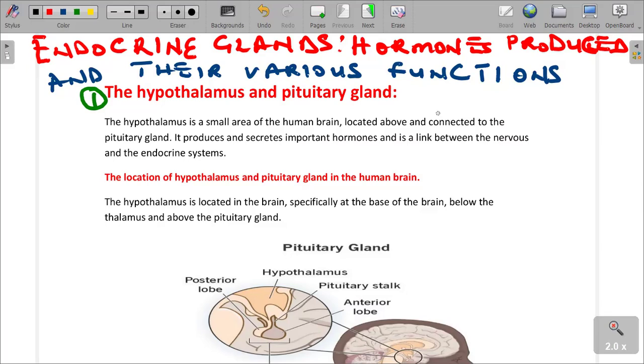It produces and secretes important hormones, which we are going to talk about just now, the ADH and so on, and it is the link between the nervous system and the endocrine system. In the previous presentation, we talked about the connection between the two systems, saying that the endocrine system and the nervous system work together.